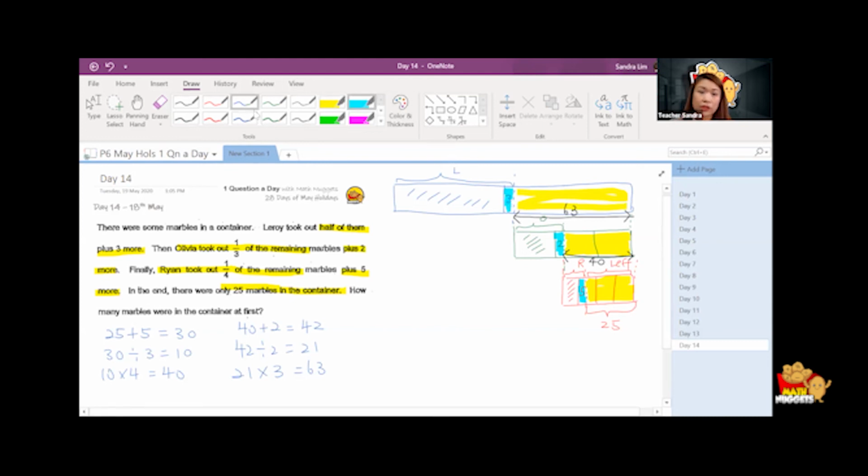So you know what to do already? We just have to keep repeating the same thing. Bring it up, bring it up, bring it up. So then we need to take 63 plus 3, which is 66. So 66 is half of it. So your last step, 66 times 2, which is 132. That's the final answer.